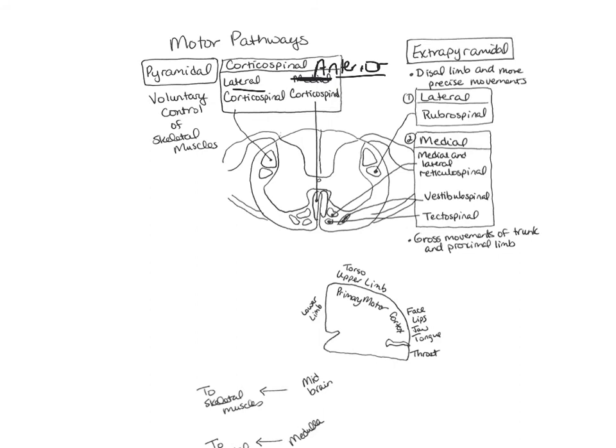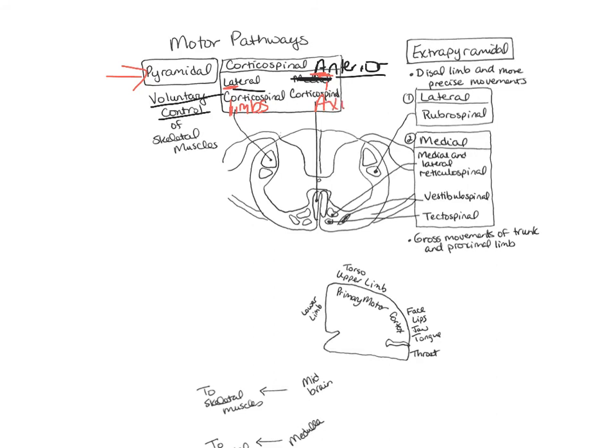The corticospinal pathway is voluntary control of skeletal muscles. We call it the pyramidal system. So those are important things that you need to know. We said lateral, L for limbs. That's sending commands to the muscles of your limbs. Anterior, we said, was axial.